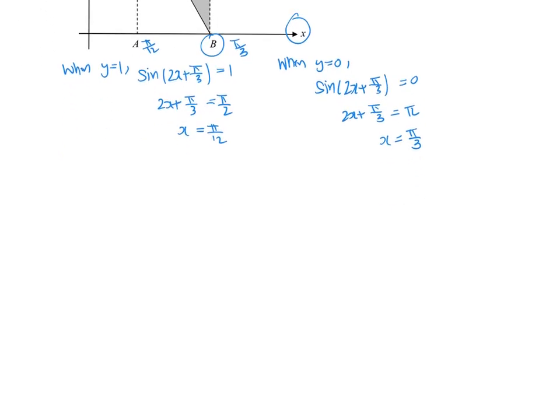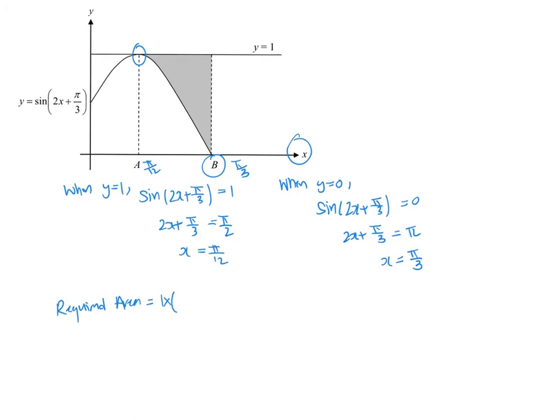Our required area would be the area of the rectangle, which is 1. As we can see from the diagram here, that's the height of the rectangle, and this is the length of the rectangle.